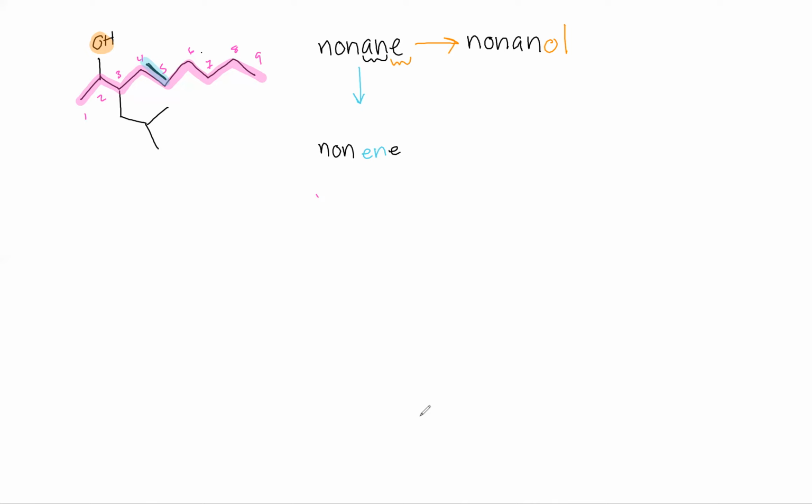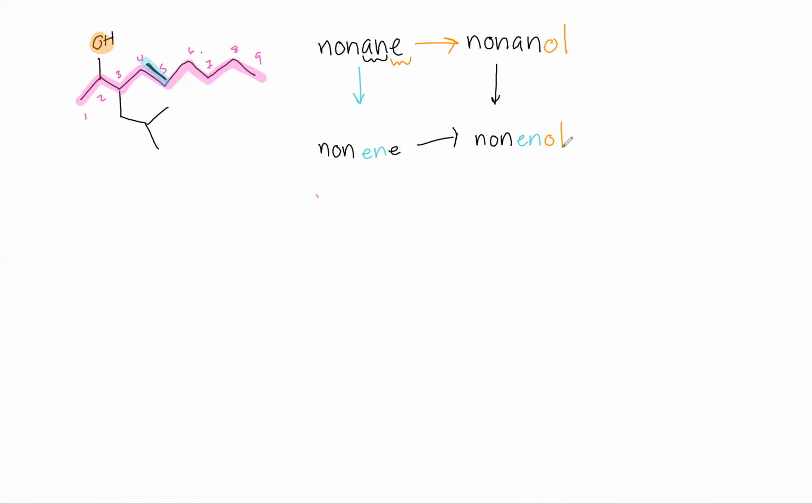So in order to name this for both the alkene and the alcohol, you're basically going to smash these together into non-ene-ol. So you can see here, that's where we get that final name from. You're just smashing together what you already have into our final name.